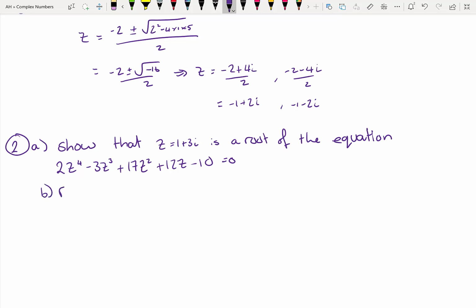And then part B, I'm going to find the remaining roots.